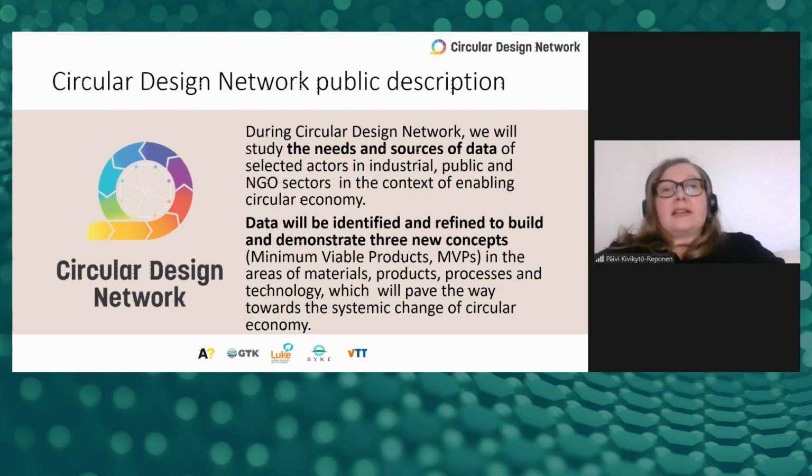We are looking for needs and sources of data, how we support circularity through data, and the aim is also what we are now building.